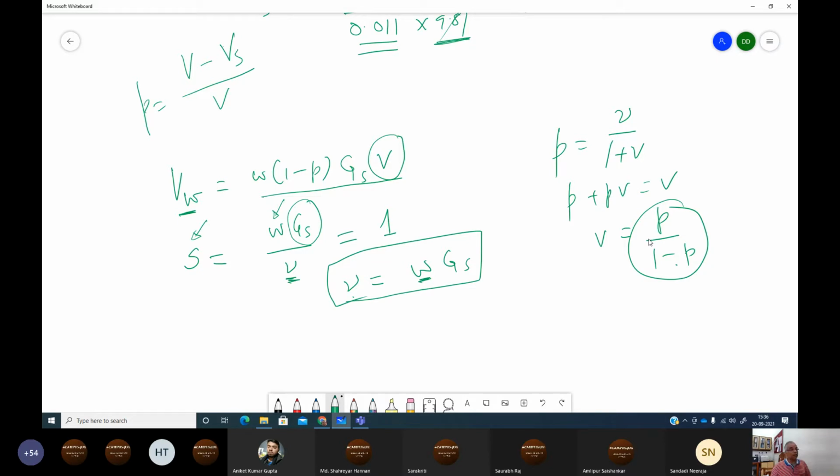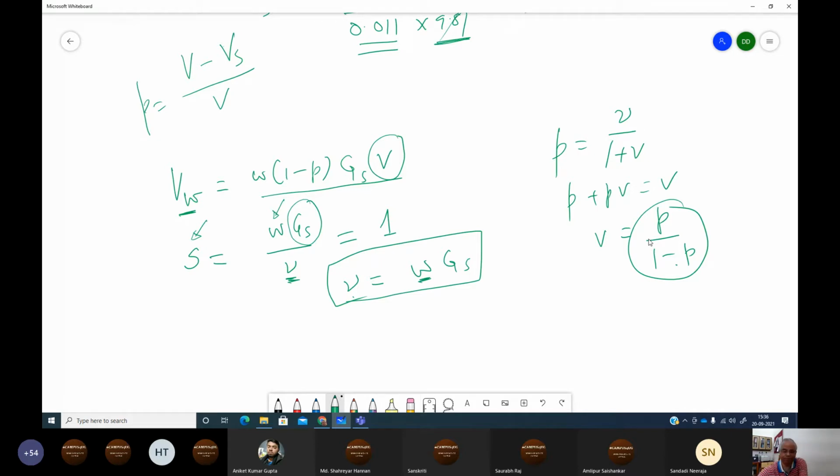Okay, so all are interrelated. The weight and volume, they are all interrelated to each other. It's very easy to measure in weight. It's very difficult to measure in volume, and that's why this relationship is very important. Volume and weight.